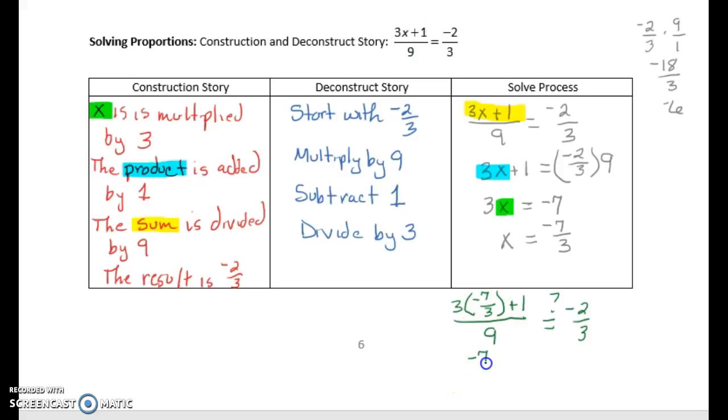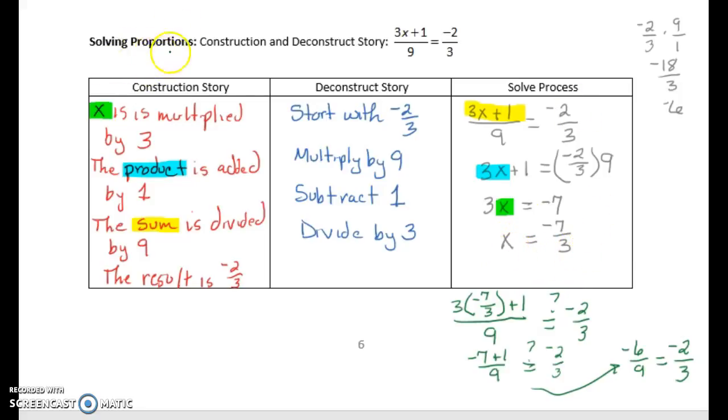So we have negative 7 plus 1 over 9. And is that equal to negative 2/3? Well, we have negative 7 plus 1, so that's equal to negative 6/9, which is equivalent to negative 2/3, so this does check. So our solution is x equals negative 7/3.